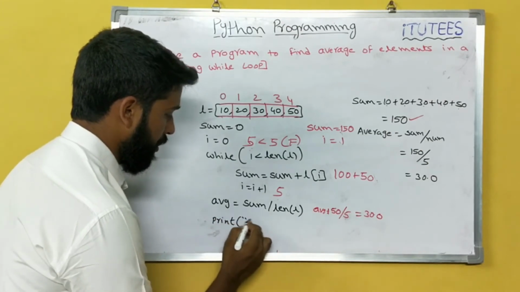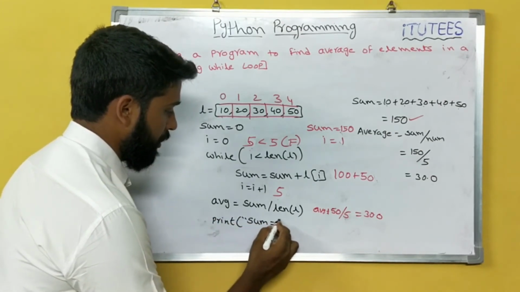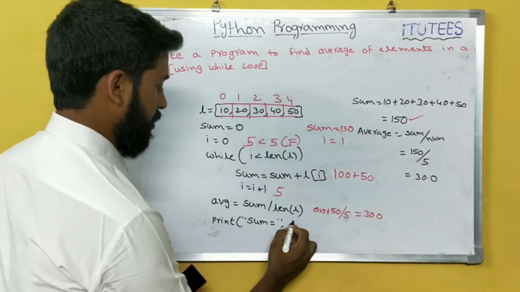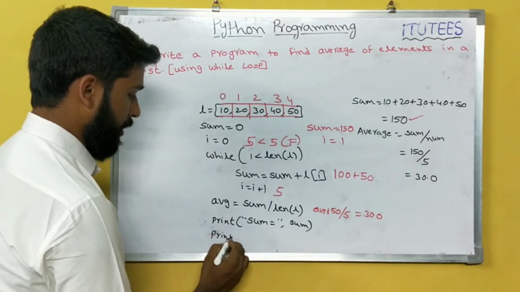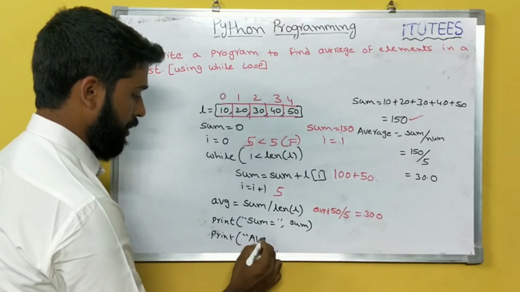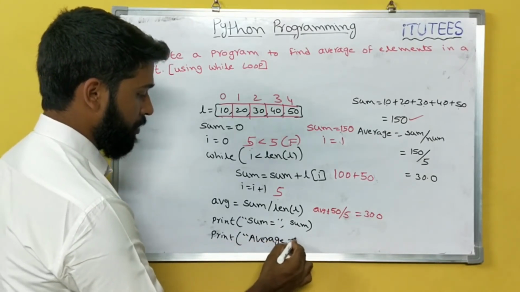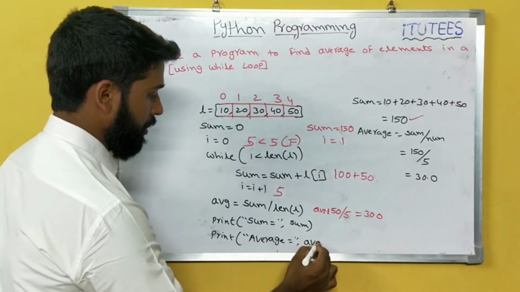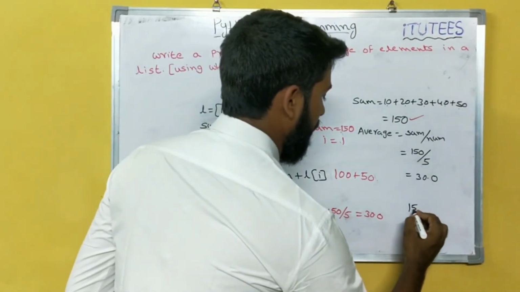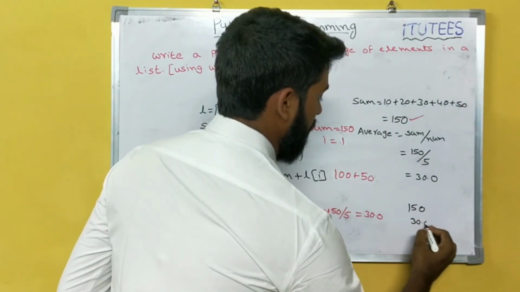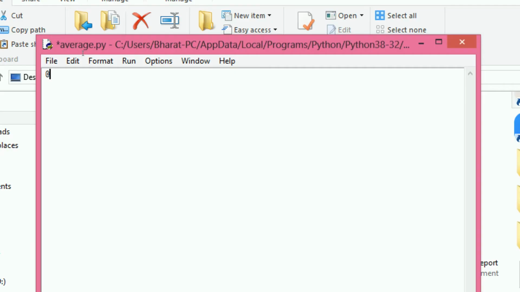Print sum equals sum, print average equals avg. That's it. It prints 150 and 30.0 as the output.